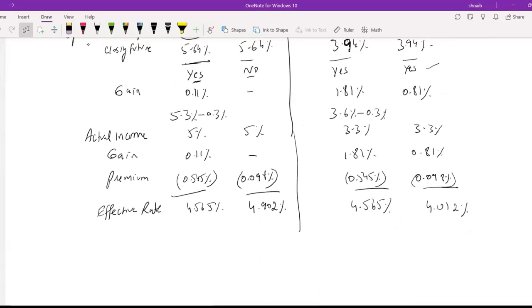So please tell me which one is better. Option, which exercise price is better? Which exercise price is better? This one, right? 4.5, which is giving you 4.56% interest.